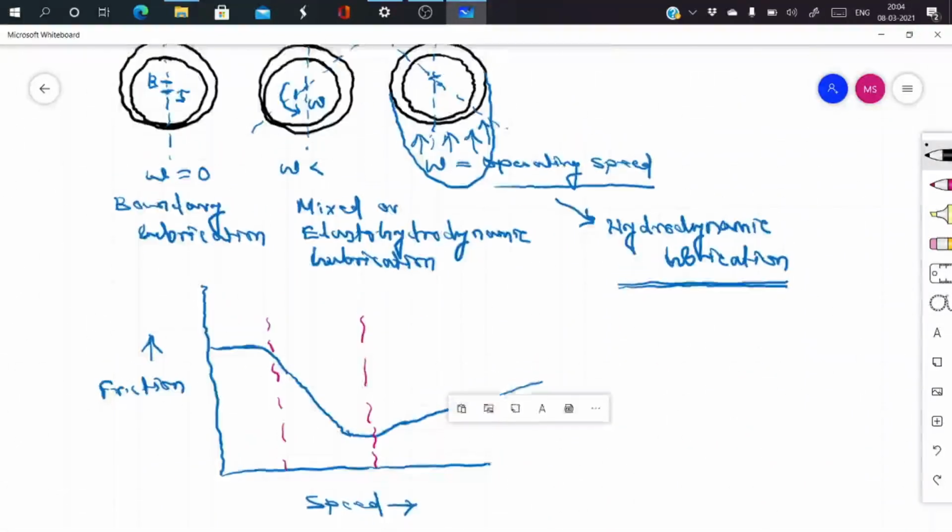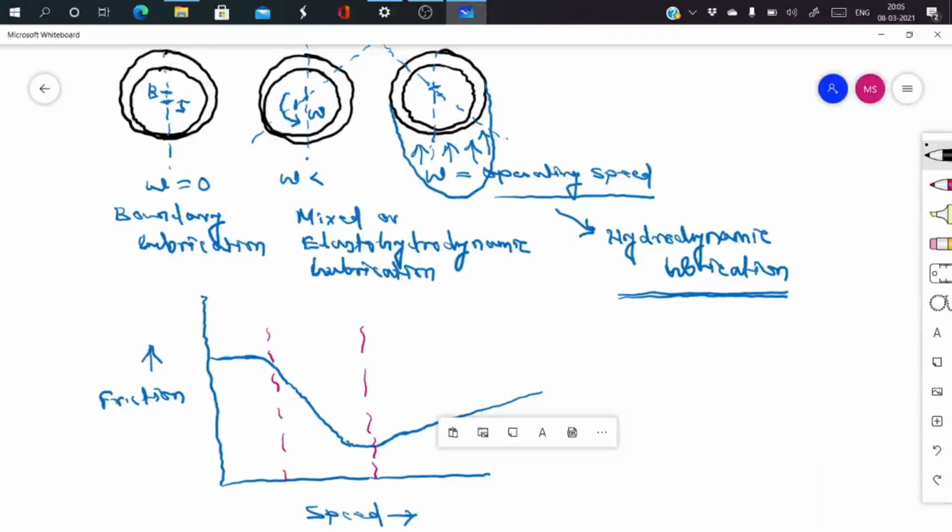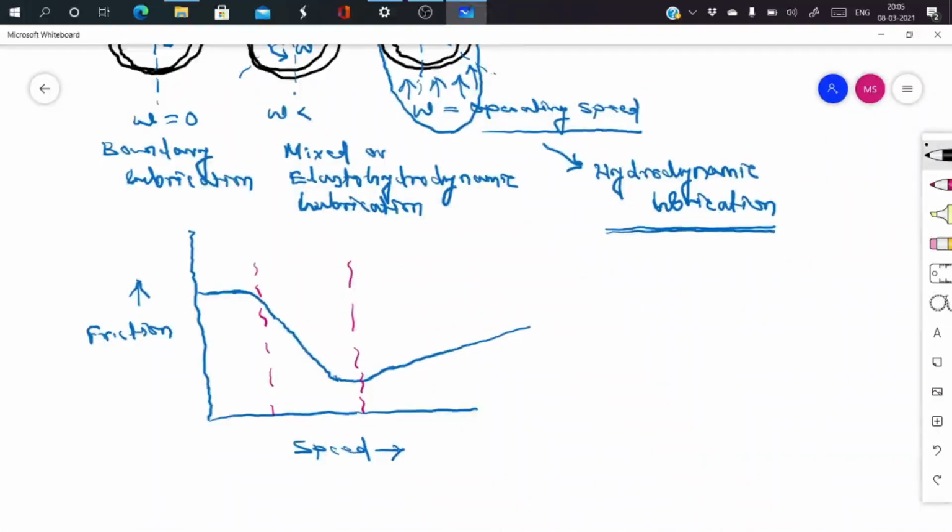Now the first zone is boundary lubrication. This is mixed or EHL.